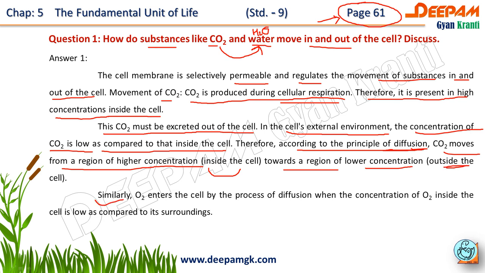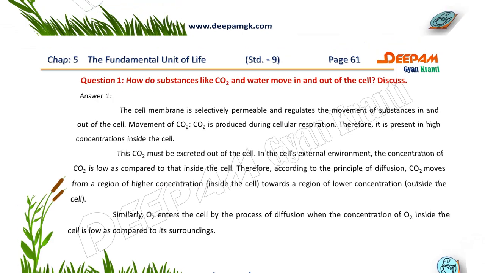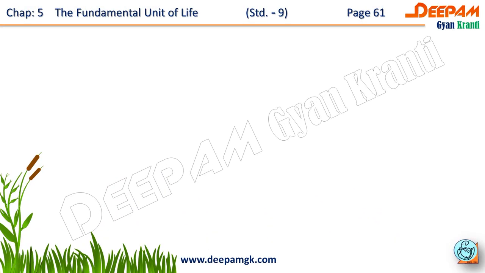Similarly, O2 enters the cell by the process of diffusion. When the concentration of O2, oxygen, inside the cell is low as compared to the surrounding, it comes into the cell.